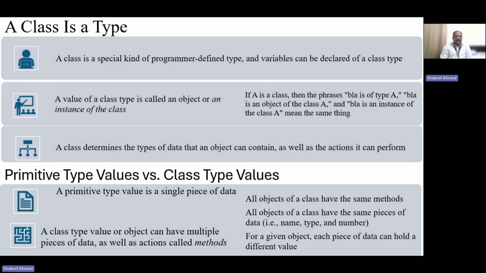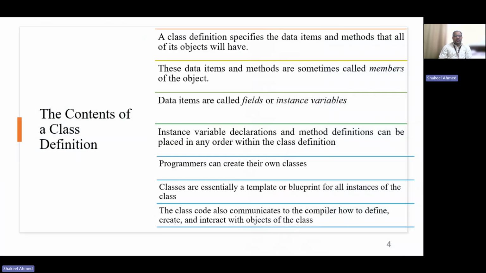A primitive type value is a single piece of data, such as a name, type, or number. But a class type value, or an object, can have multiple pieces of data as well as actions, which are called methods. For a given object, each piece of data can hold a different value. So different objects of a class can store different values, which we will look at in more detail later.